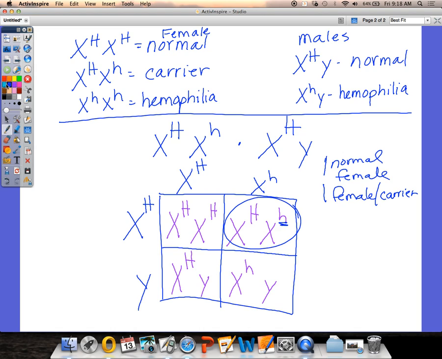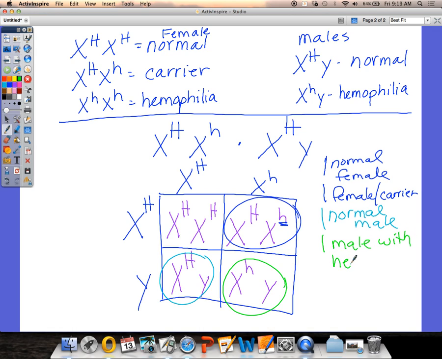We have one normal male, because this one right here is normal. And then this guy right here, we've got one male with hemophilia.